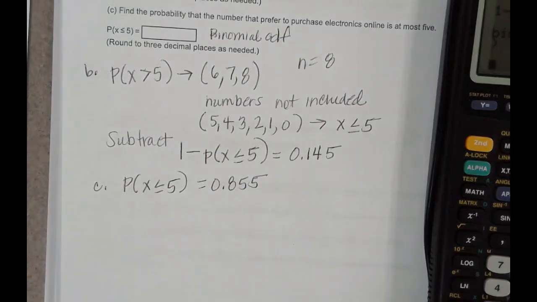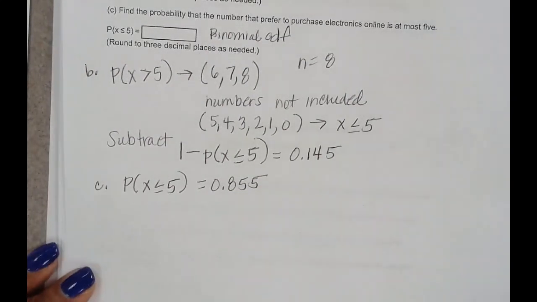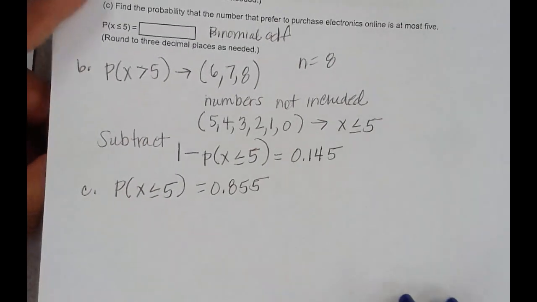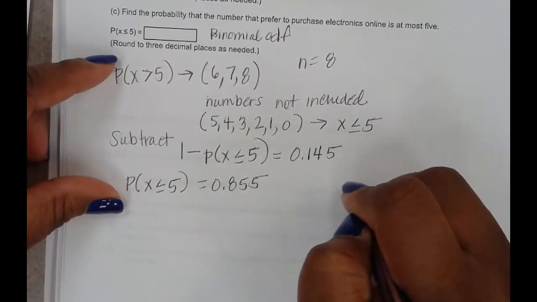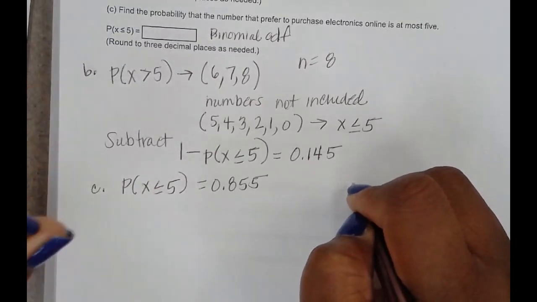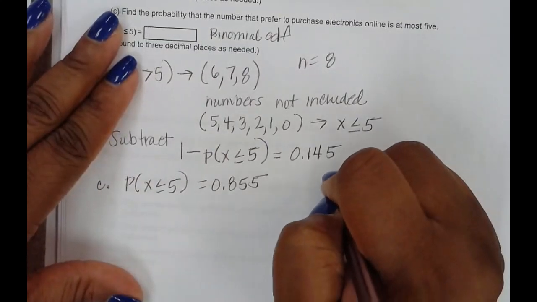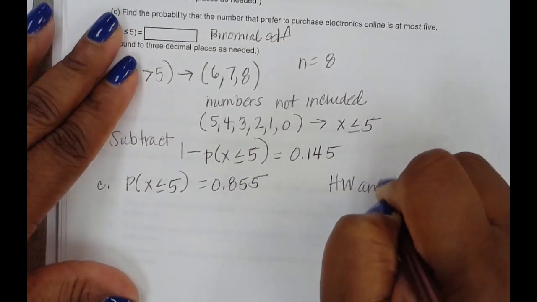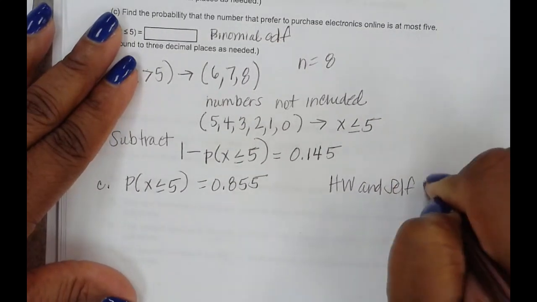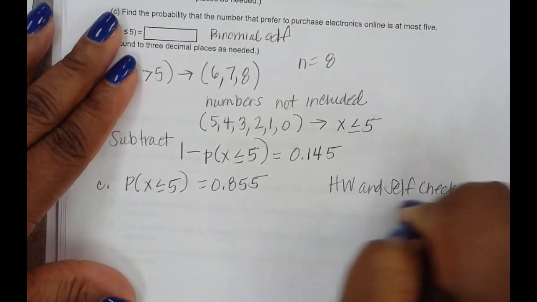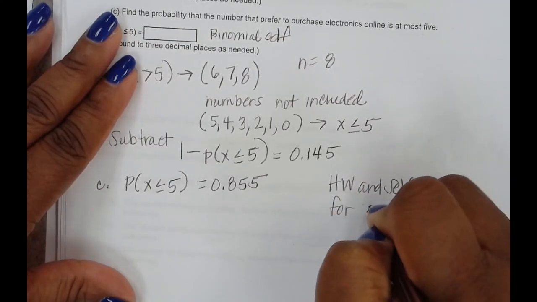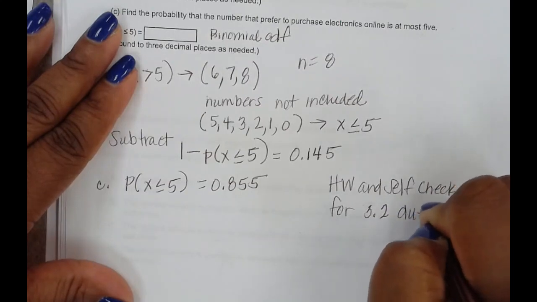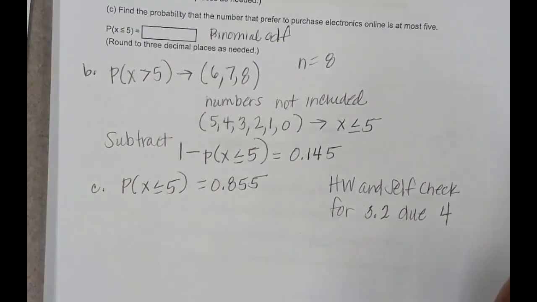All right, guys. So we have completed 3.2. Today is 3/26. That means that your homework and self-check for 3.2 will be due on 4... I'm sorry, not 4.